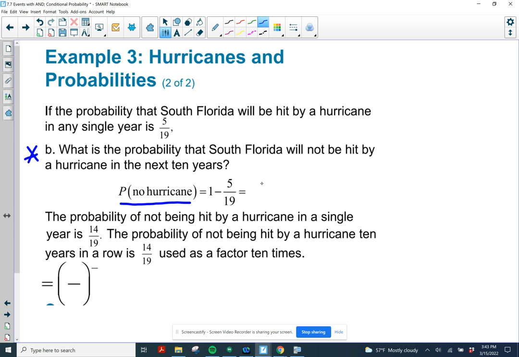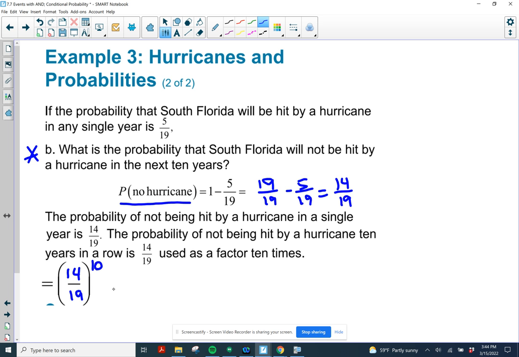The probability of no hurricane is 1 minus the probability of a hurricane. So that's going to be 19 over 19 minus 5 over 19, so that would be 14 over 19. So the probability of not being hit by a hurricane in a single year is 14 out of 19. The probability of not being hit by a hurricane 10 years in a row is going to be 14 out of 19 to the 10th power.